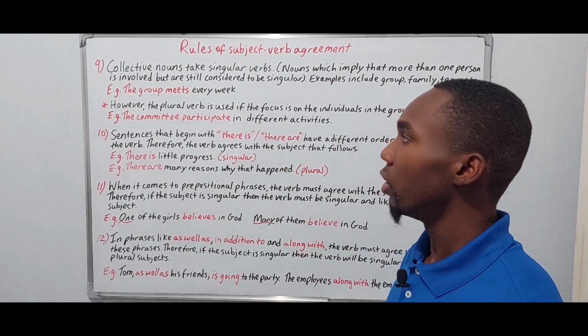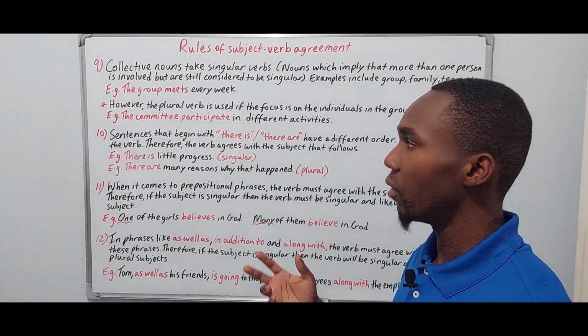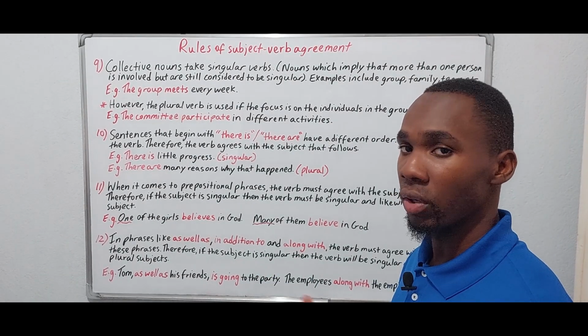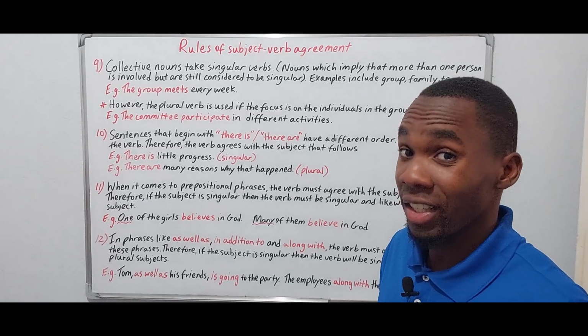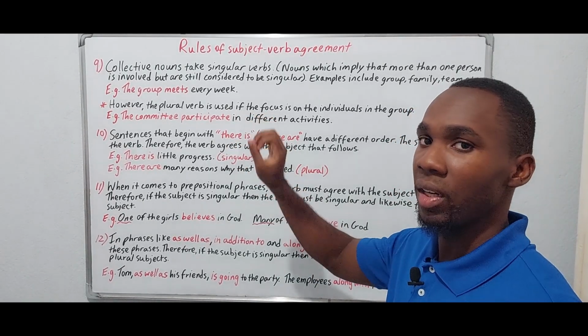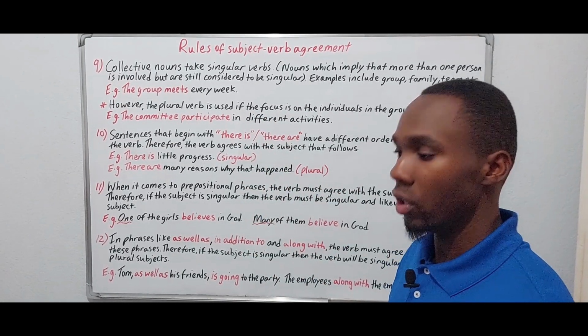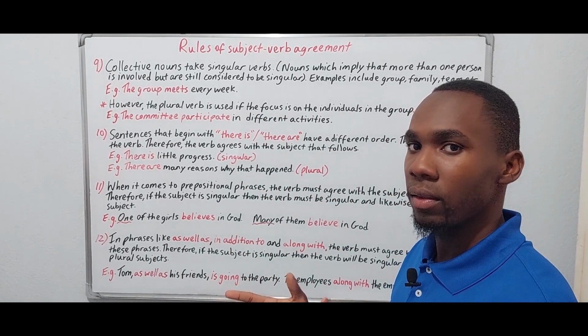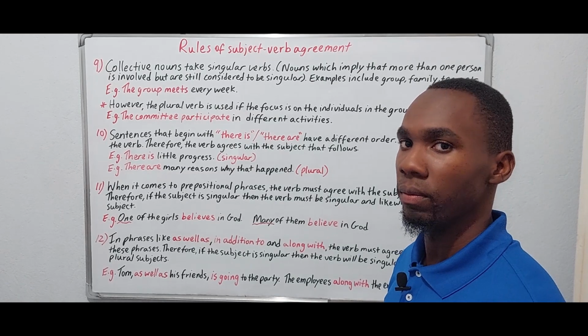So for example, the group meets every week. Obviously the group refers to more than one person, otherwise it would not be called a group. But in this context, it would be singular because the group is seen as a whole. The group itself, that will be singular.